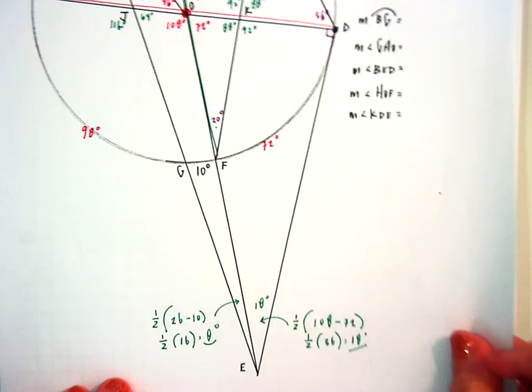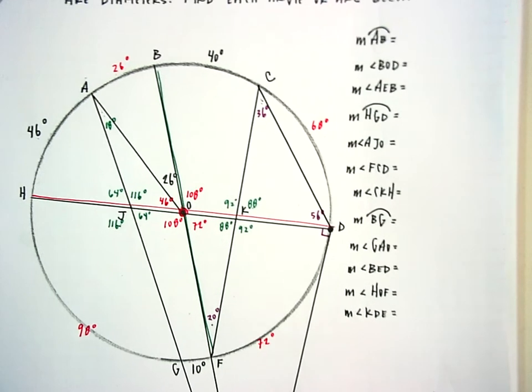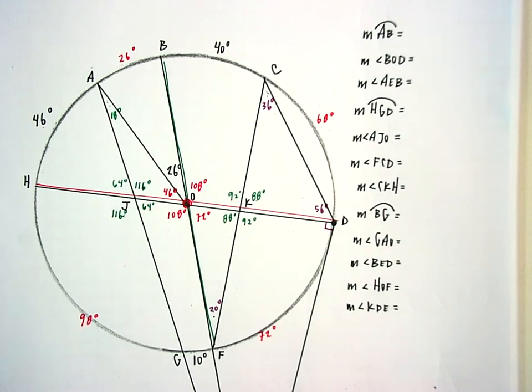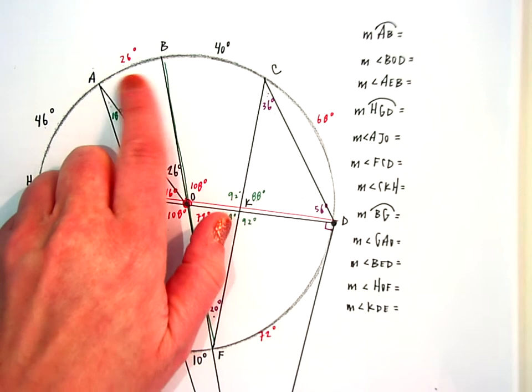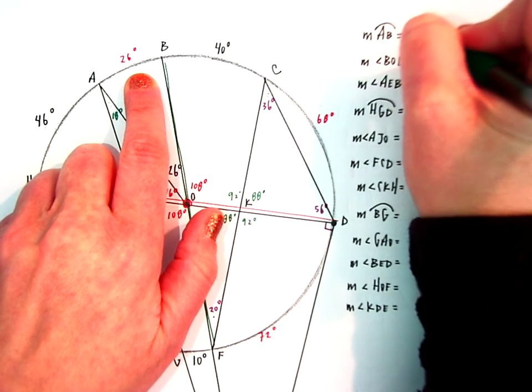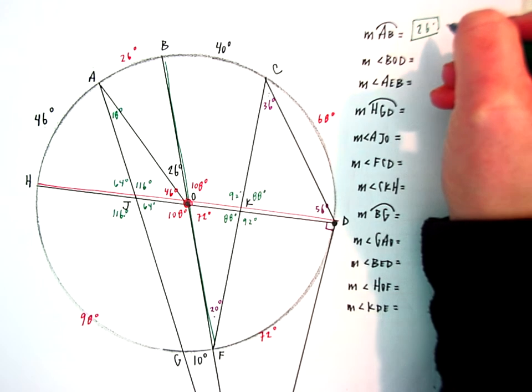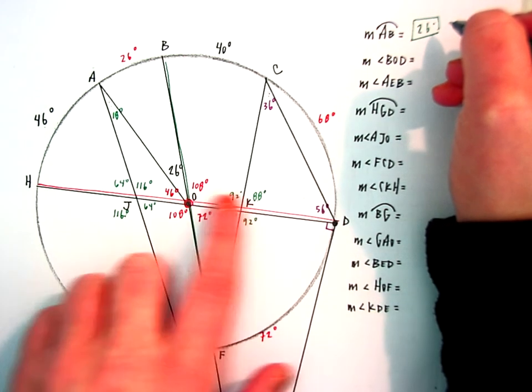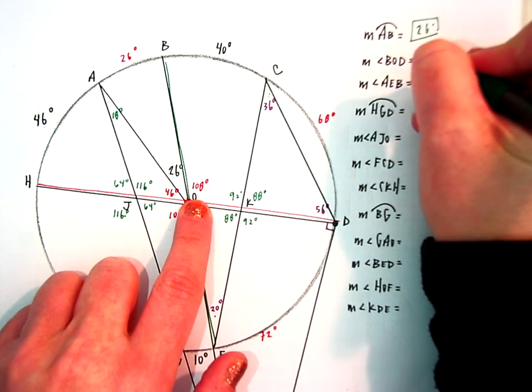All right, so now if I fill in all of my gaps to the right, the measure of minor arc AB is 26 degrees. Angle BOD, so BOD right there is 108.